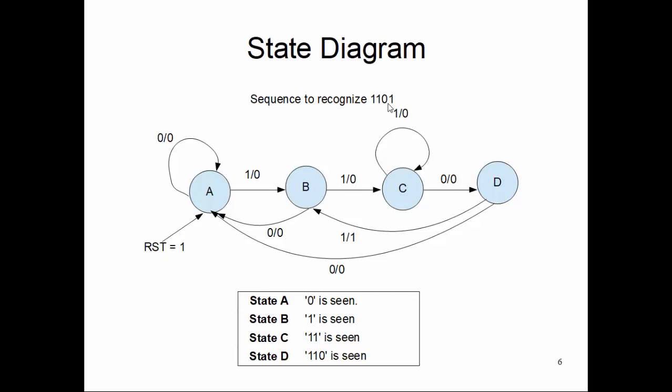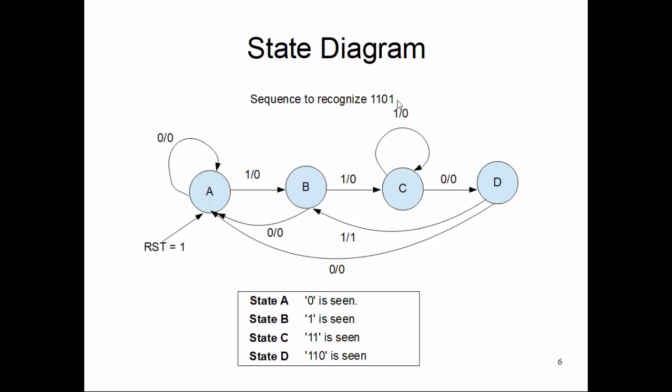Now, as soon as I get a 1, I switch the state, making the output 0, but switch the state to B, which denotes that this machine has seen 1 so far, so it may contribute to my 1101 sequence. Okay.